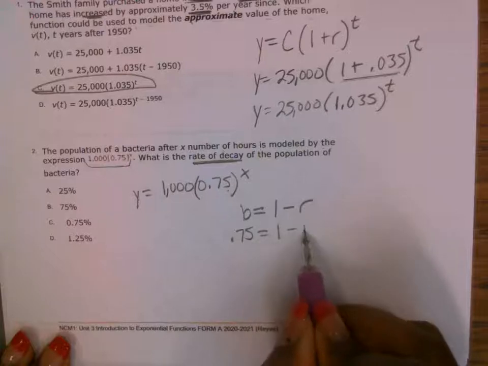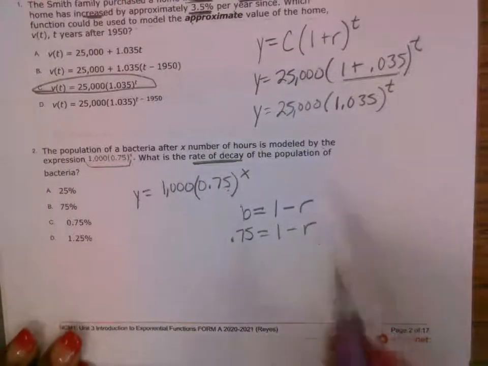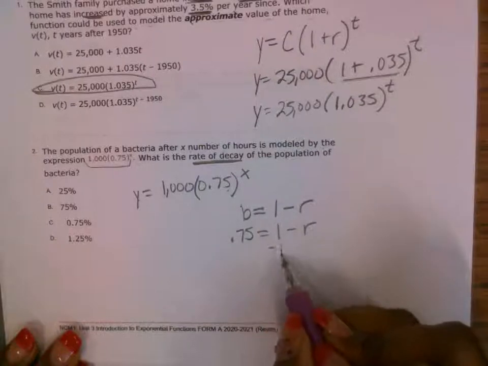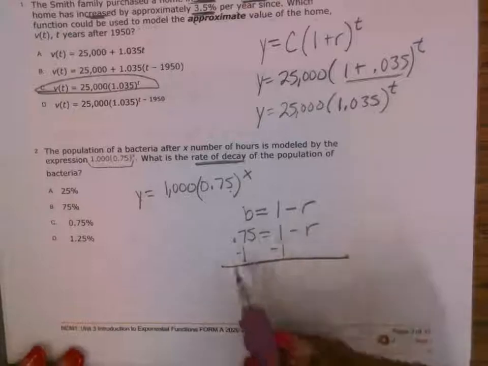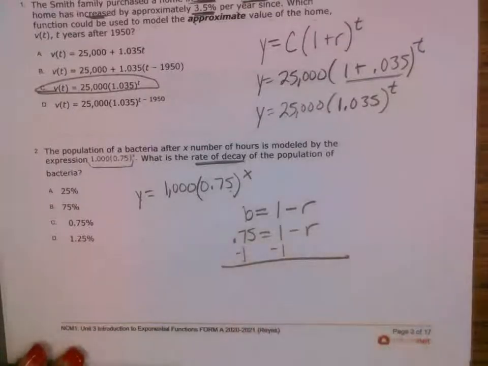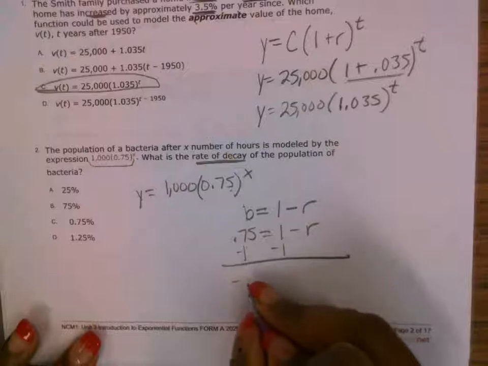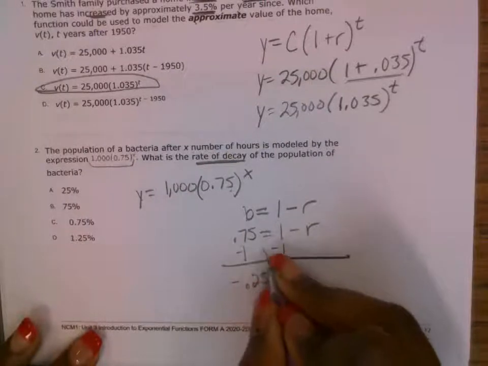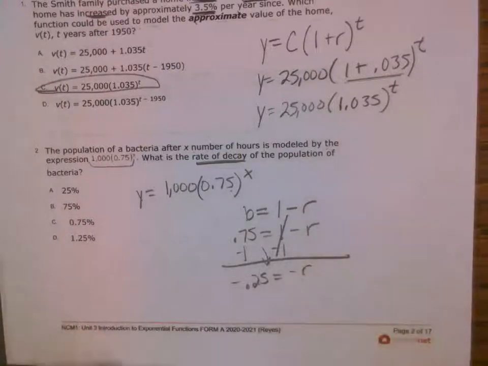And now we're going to solve for r. In order to get r by itself, I'm going to subtract 1 on both sides. What is this going to give me here? Negative 0.25. This is gone, and I'm left with negative r.